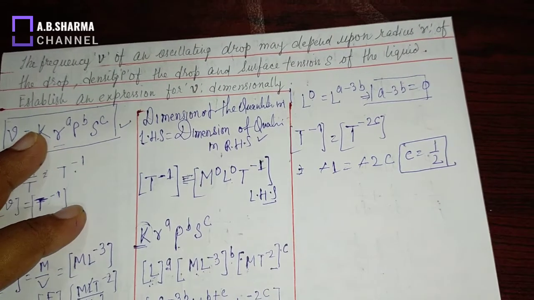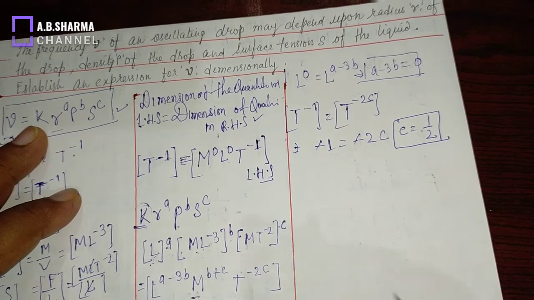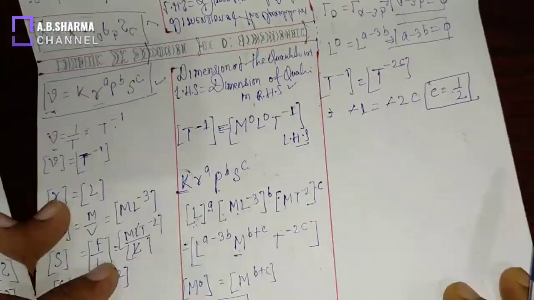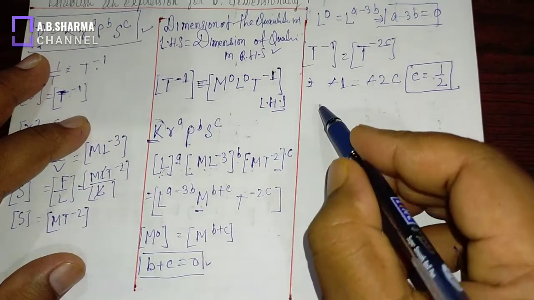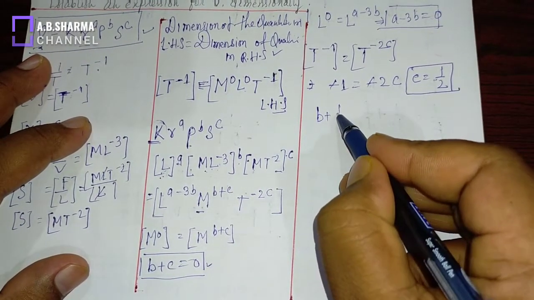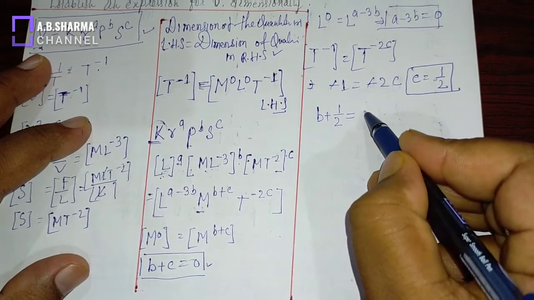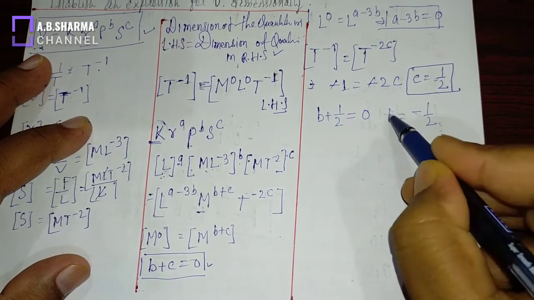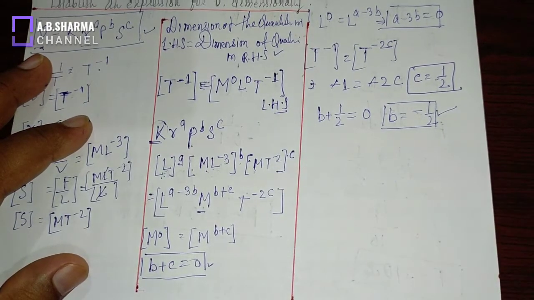Now that the value of c is found, we will find the values of a and b. From the first relation, b plus c equals 0, so b plus 1/2 equals 0, or b equals minus 1/2. So the value of b is calculated.